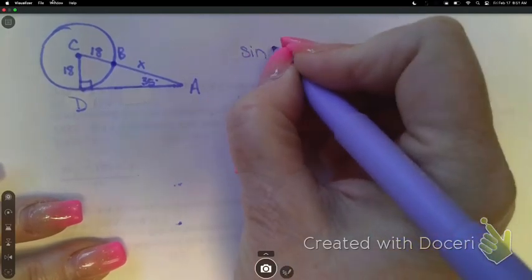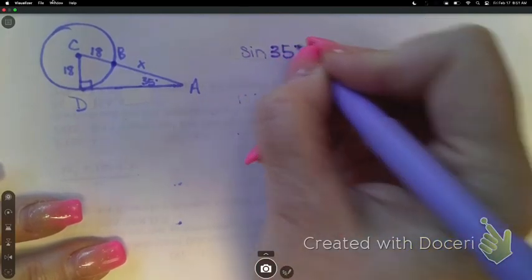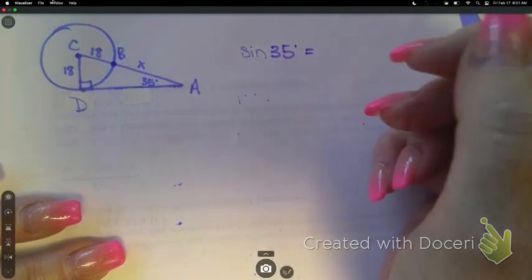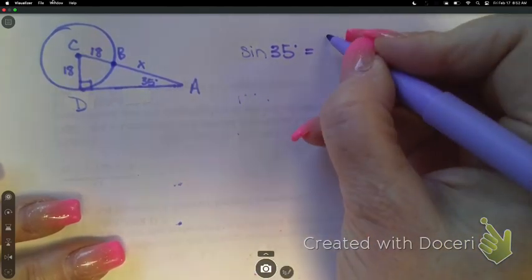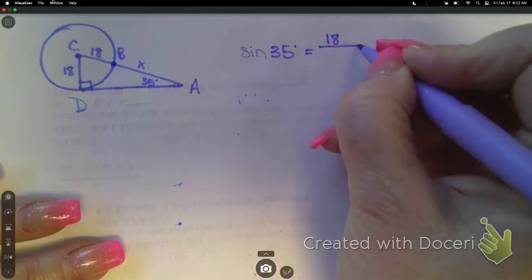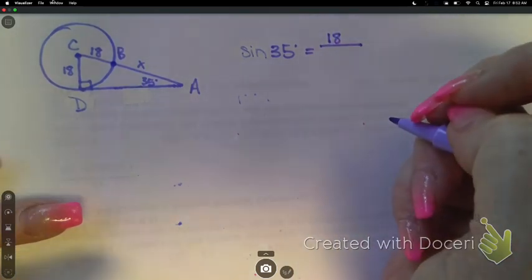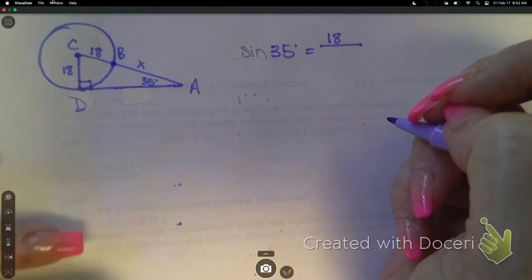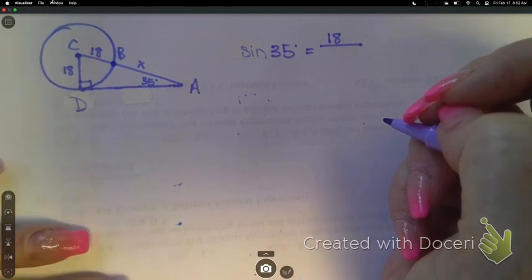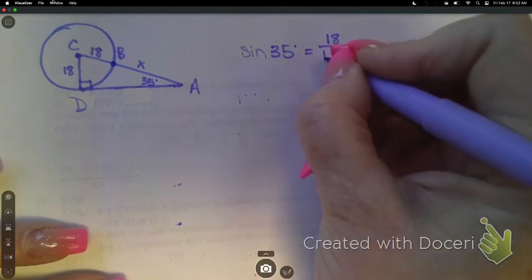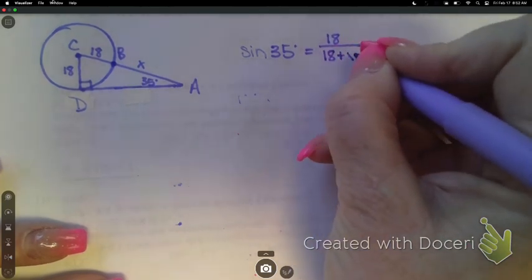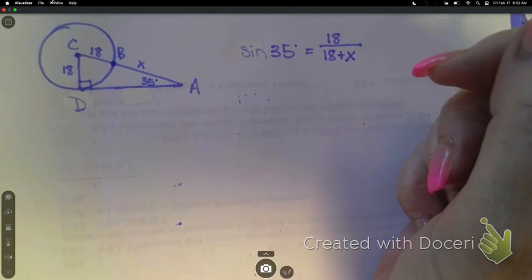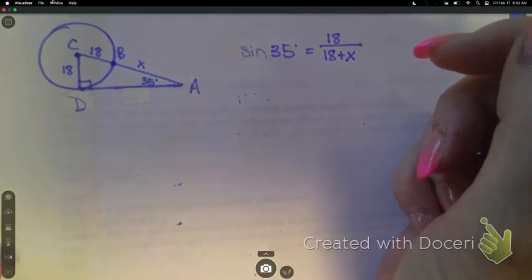Sine of 35 equals what? 18 over 18 plus x. So I need to do some math, right?